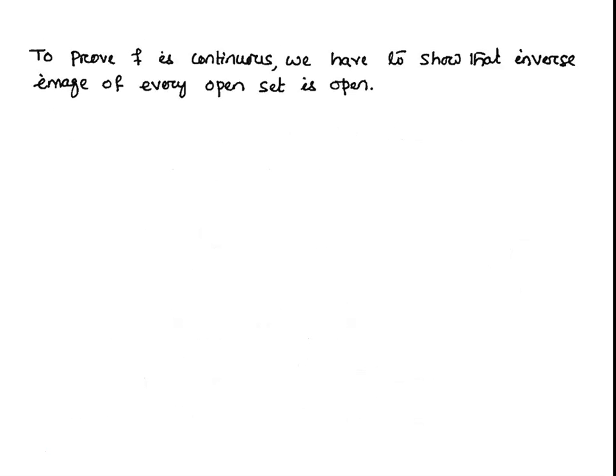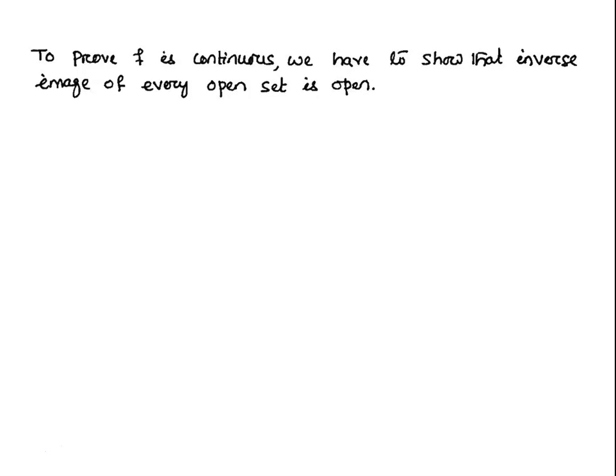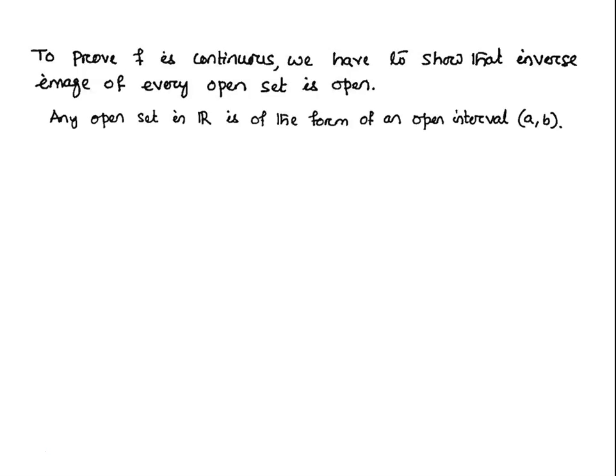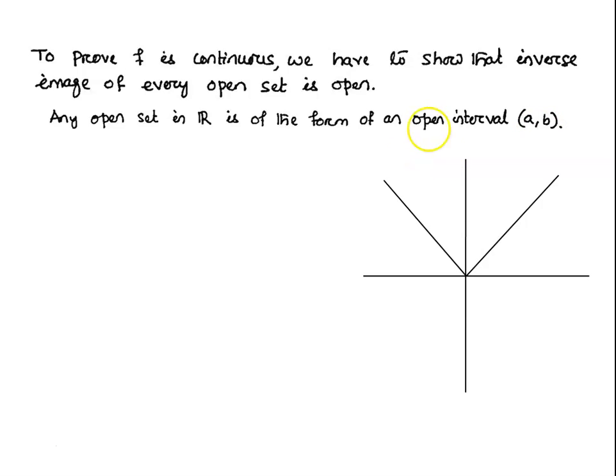Now to prove f is continuous, we have to show that inverse image of every open set is open. Since f is a function on R and R is having Euclidean topology or usual topology, any open set in R is of the form of an open interval AB or union of open intervals. So three cases arise. Here we have f of x is equal to mod x.